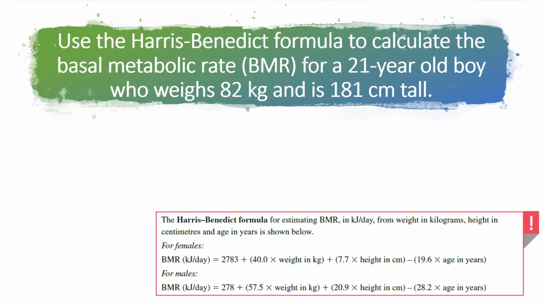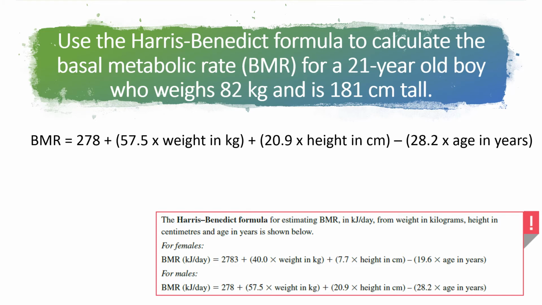Let's have a look at an example using the Harris-Benedict formula. Use the Harris-Benedict formula to calculate the basal metabolic rate for a 21-year-old boy who weighs 82 kilos and is 181 centimetres tall. So if we have a look at our formula, it is 278 plus 57.5 times weight in kilos plus 20.9 times height in centimetres minus 28.2 times age in years.